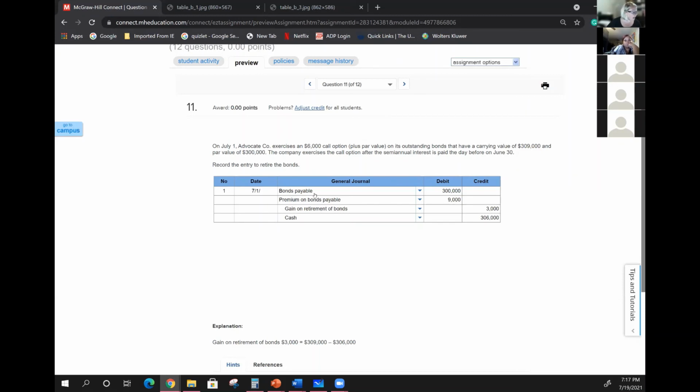Now I'm paying out the 6,000 exercise with the par value, so the cash going out is only 306,000. Make sure you watch what that number says. The difference is my gain, because I was going to have to pay out more. So the gain is $3,000 and that sits as a credit.